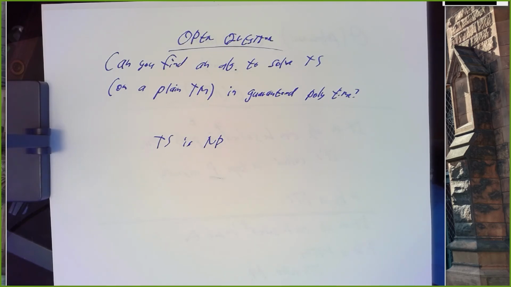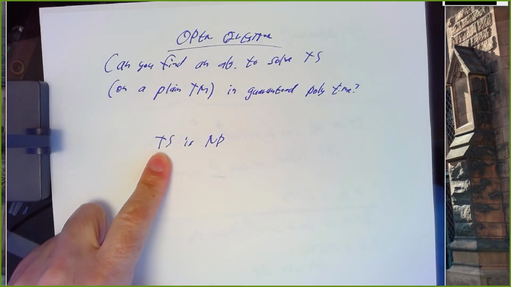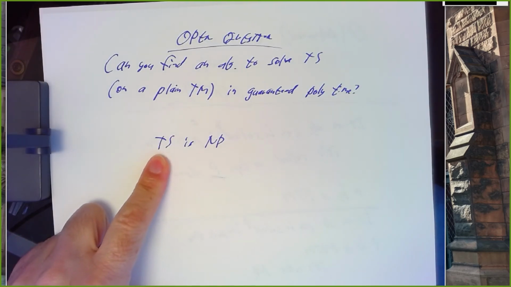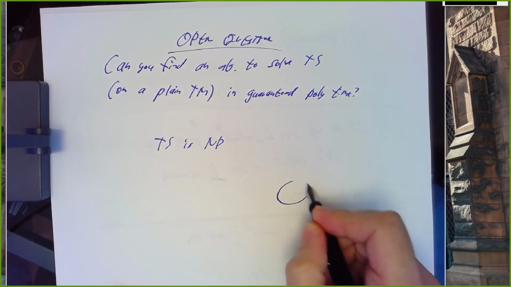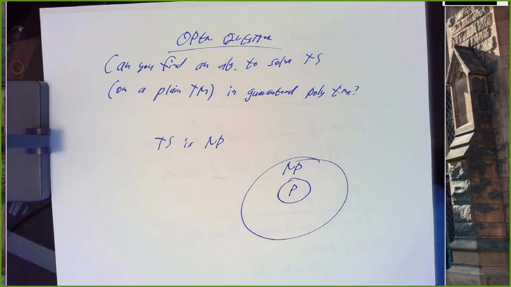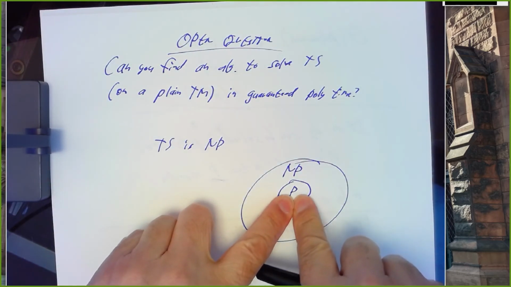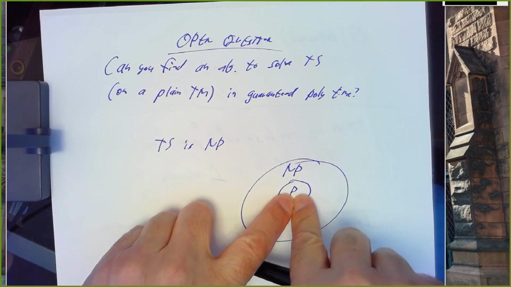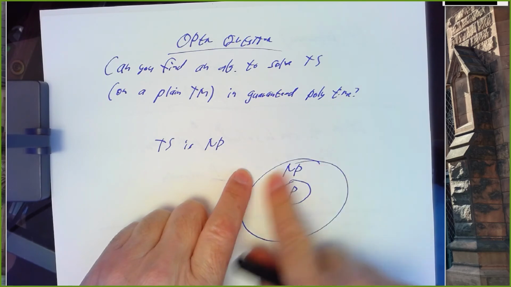Okay, here's the magic. It turns out that if you can solve traveling salesperson in polynomial time on a plain old Turing machine, you can take that solution and use it to solve a bunch of other NP problems in polynomial time. So there's polynomial problems and there's NP problems, and the question is, can any of these also be done in polynomial time? And it turns out that if you can solve one of these in polynomial time, you can solve a lot of these in polynomial time.